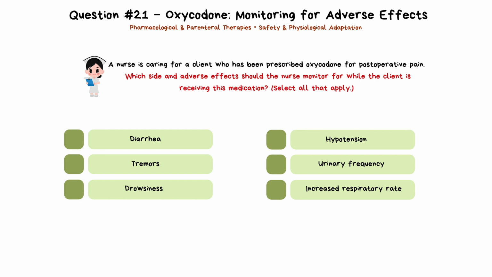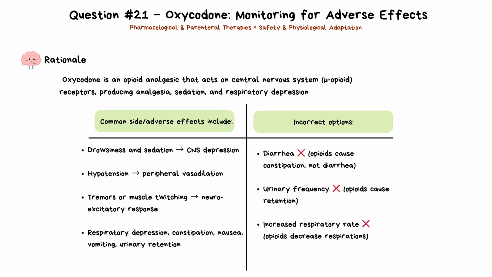Ready? Let's check them. Correct responses and reasoning. The correct options are 2, 3, and 4. Tremors, drowsiness, and hypotension. Here's why. Oxycodone is an opioid analgesic that acts on mu-opioid receptors in the brain and spinal cord.